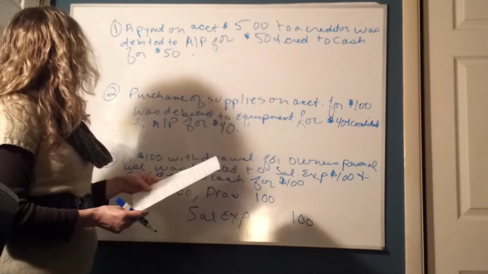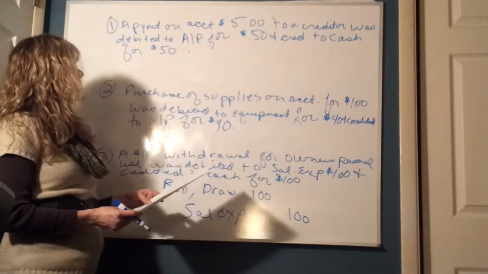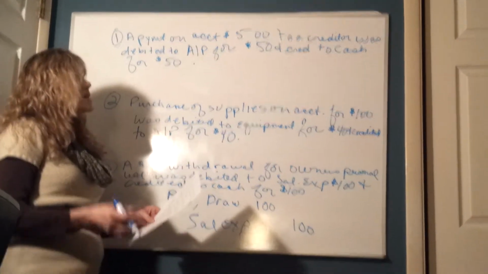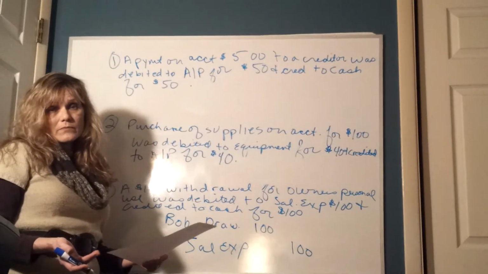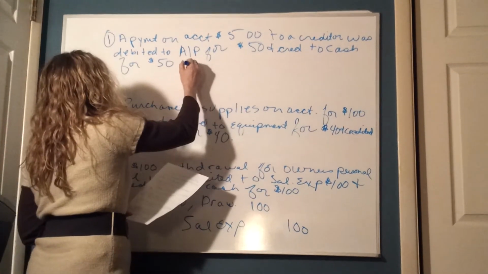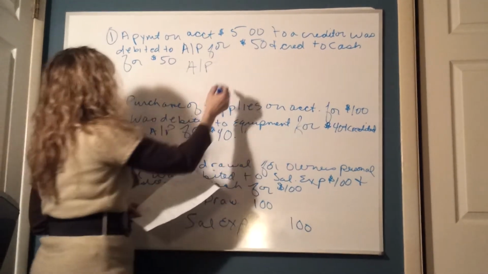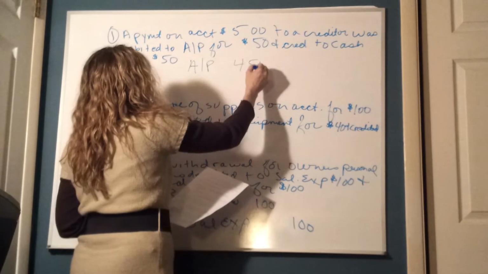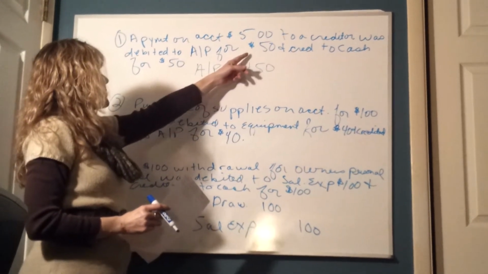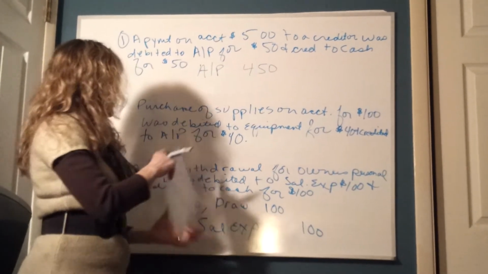So the first item is that a payment on account of $500 to a creditor was debited to accounts payable for $50 and credited to cash for $50. So the wrong amount was used, right? So in order to take care of that, we'll just debit accounts payable for the correct amount, or I should say, for an amount that when you add the amount that was previously debited and the amount we are now debiting, it is the correct amount.